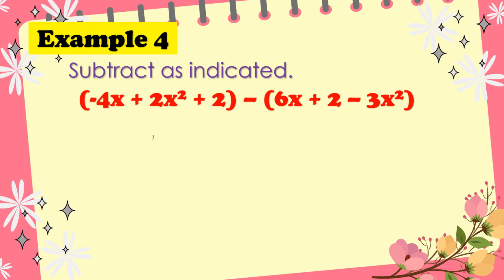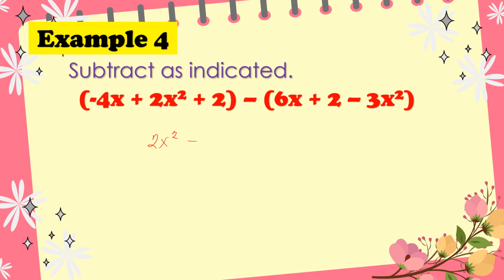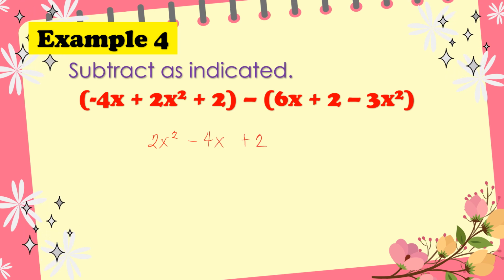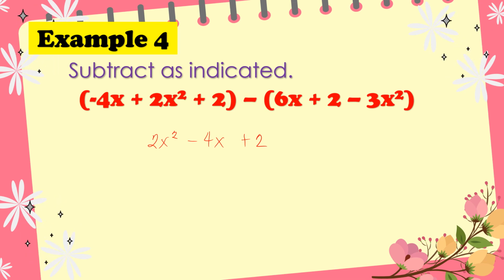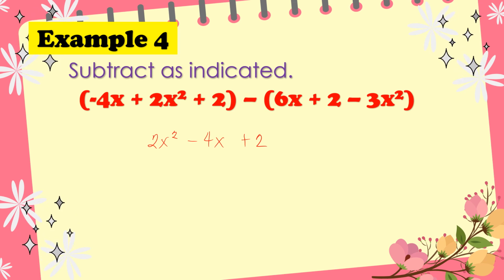So, unahin natin yung 2x squared, yung pinakamataas yung exponent, and then negative 4x, and then plus 2 para naka-standard form ng ating polynomial. Tatandaan, kapag nag-arrange tayo ng standard form, descending ang powers natin.